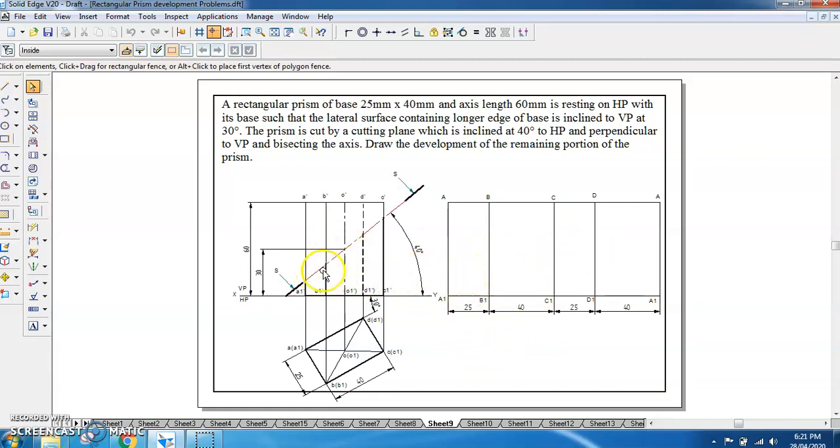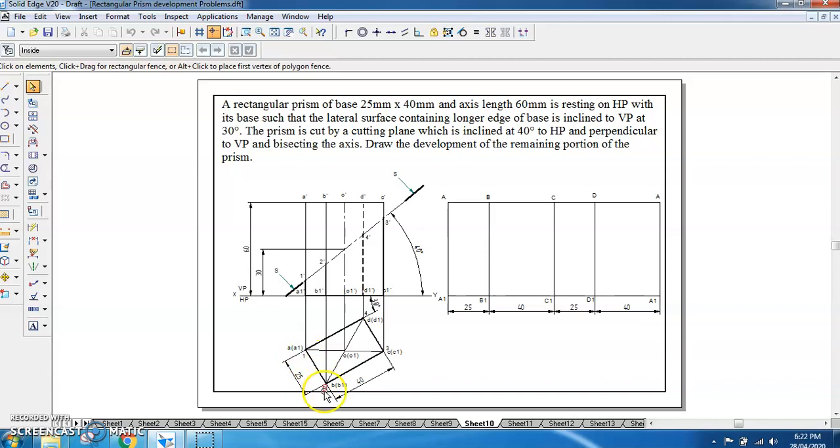Once we get this, we have to mark the points on this. First we have to mark the cutting points here. Here we start with AA1. AA1 is the edge here, and it is cut at this point. We are naming this point as 1 dash because we are naming it in the front view, and when we project it back to AA1, this will become 1.